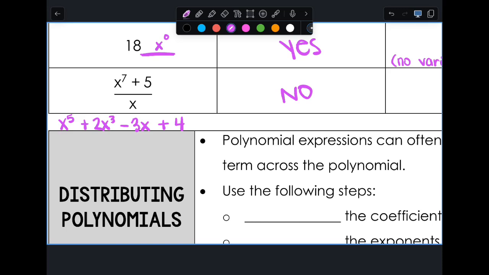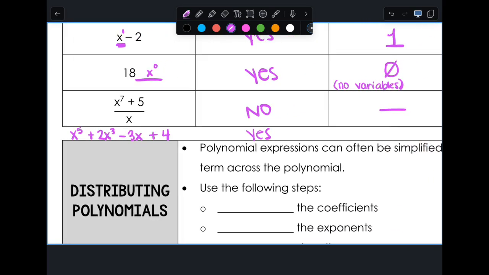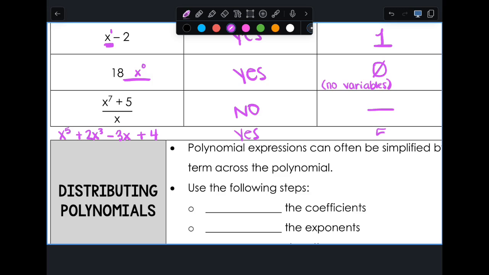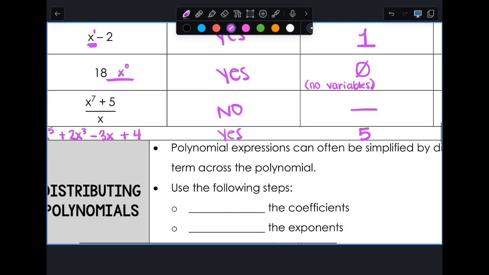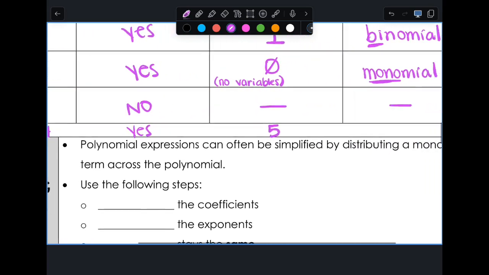Is this a polynomial, yes or no? Yeah. What is the degree? 5. What's the classification? Polynomial. It's just a polynomial. Anything that's not 1, 2, or 3 terms is just a polynomial.